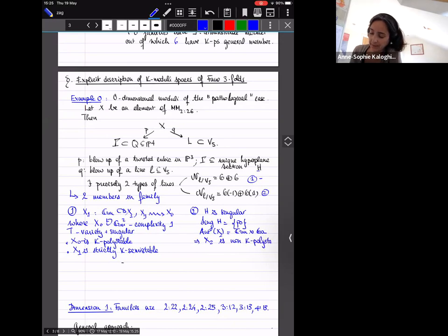This is essentially a result showing that a K-polystable Fano variety always has reductive automorphism group. So it is not K-polystable, but in fact it goes a bit further.